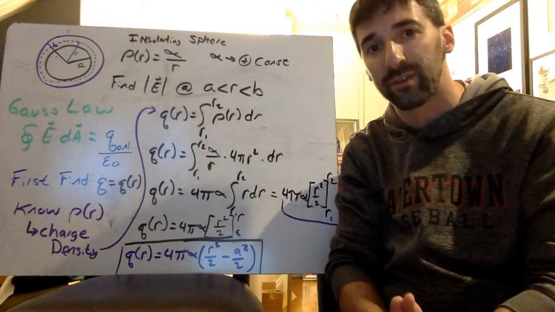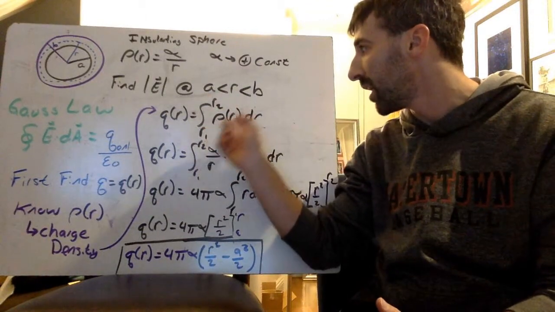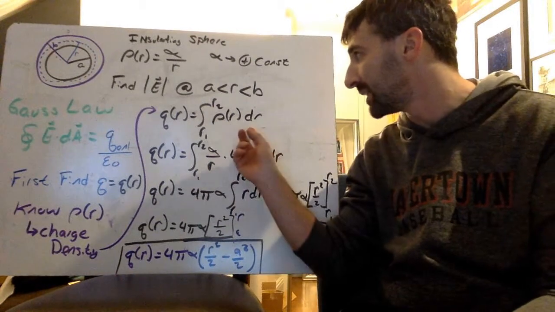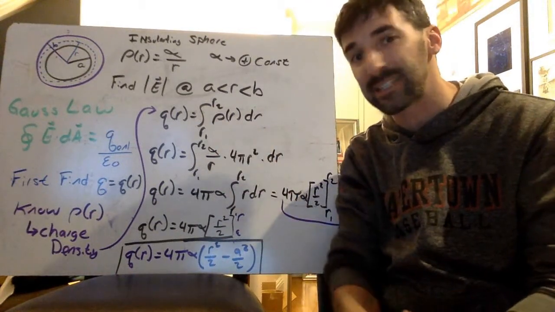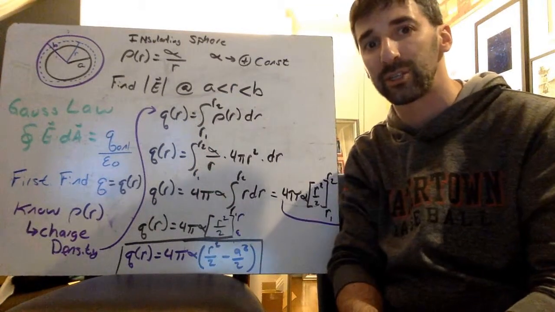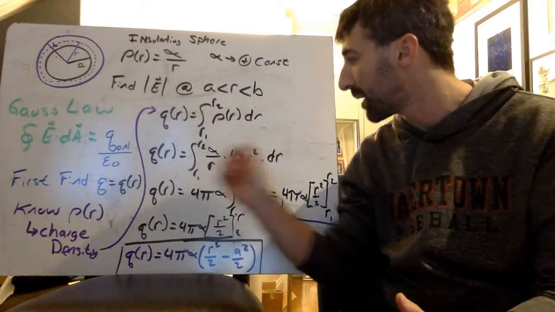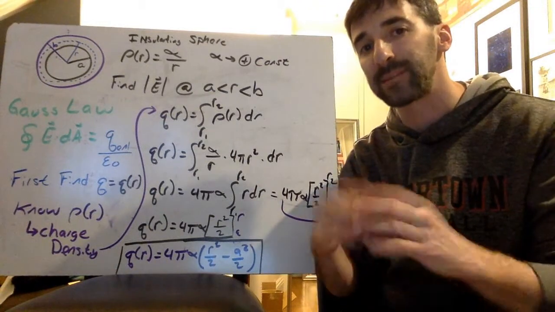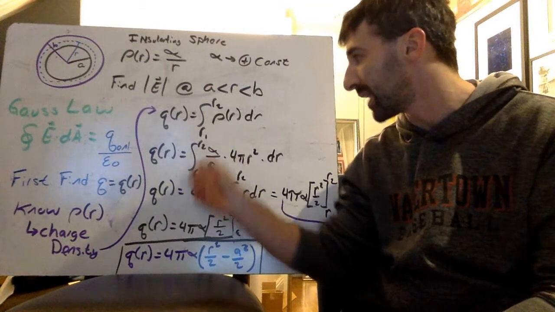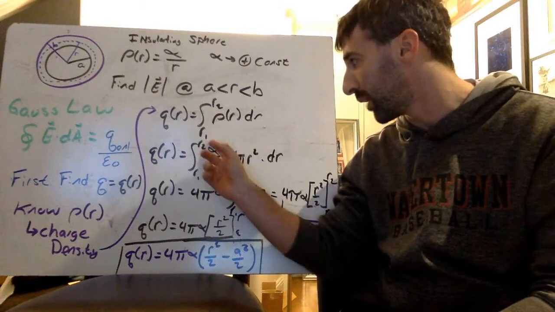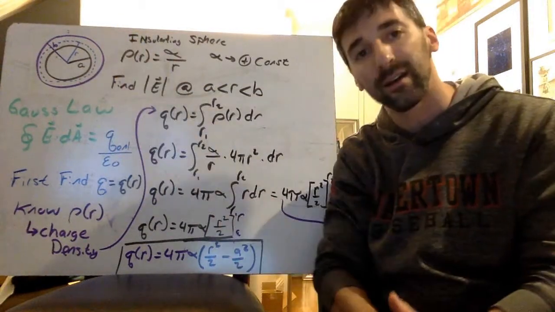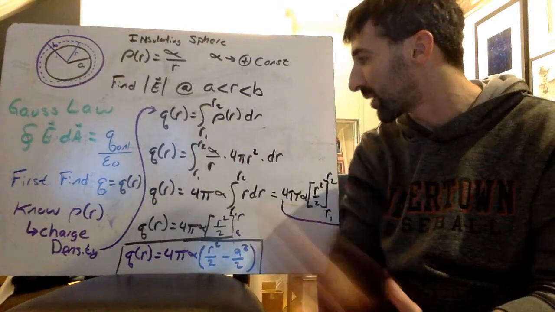So I'm taking the integral from r1 to r2 of my charge density, again, that's charge per unit volume, times dV. Well, how am I going to get that to be useful? Well, I know rho is alpha over r. That was my given information. And to make my charge densities work, I'm taking that surface area, 4 pi r squared. So now here I have the integral of my rho, alpha over r, times 4 pi r squared, dr. That's what I'm integrating across.